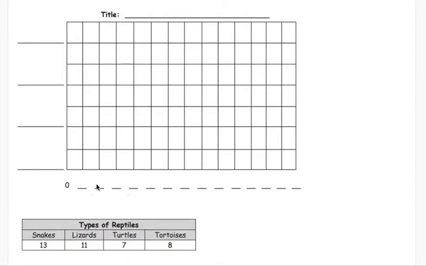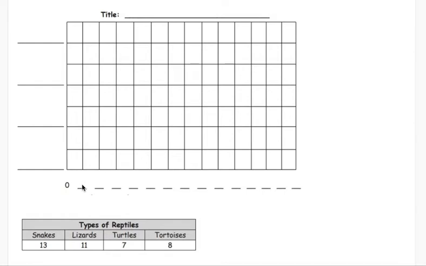But you'll notice these lines on the bottom. What do you think those lines are for? Those lines are going to count how many are in each row. So if it was really big, say 75 snakes, instead of people having to go 1, 2, 3, 4, 5, 6, 7 and count up, they can simply go to the line.